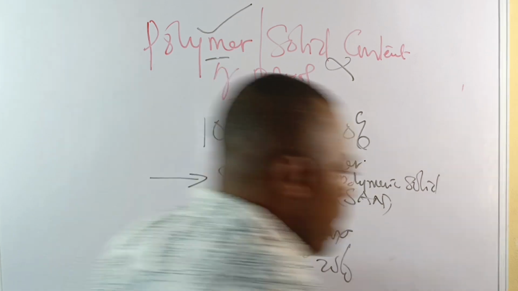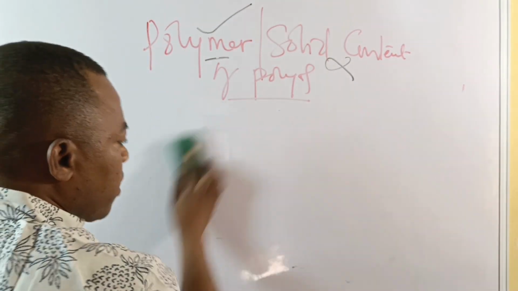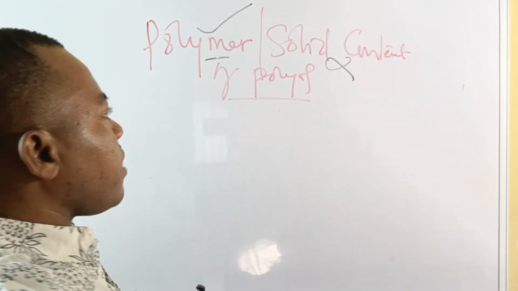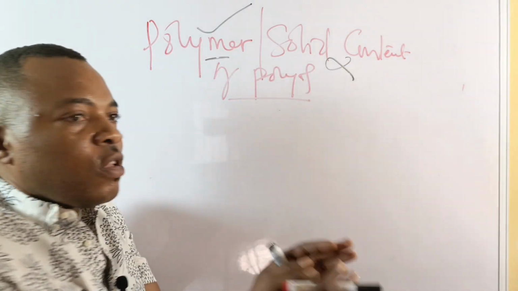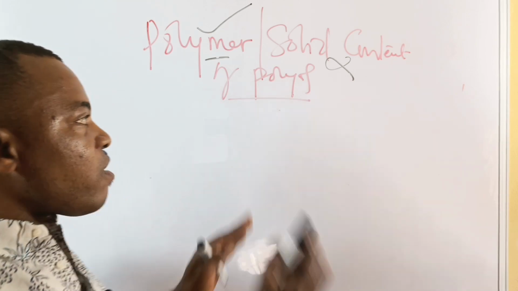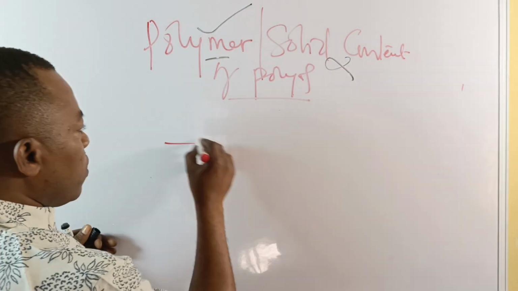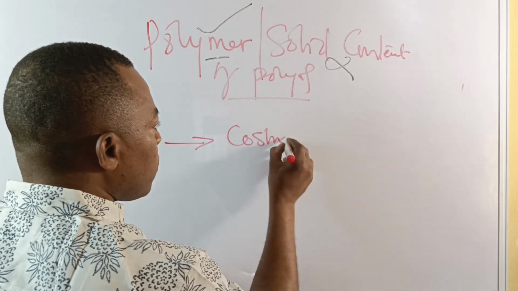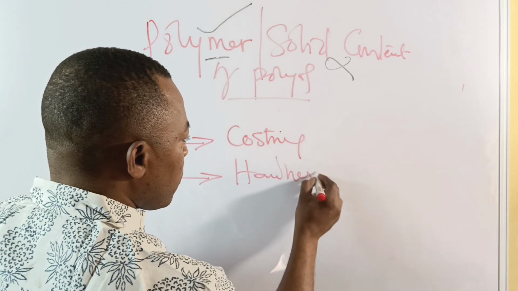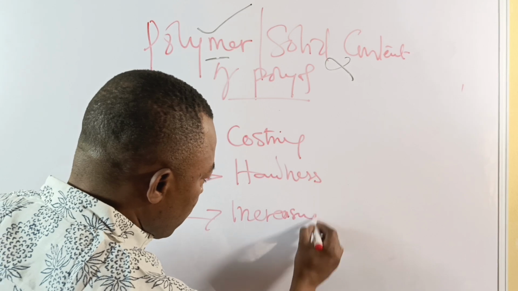But some people do make a mistake. Look at the common mistake by the people. The fact that you are adding solid content into polyol, you are not just adding it. There is something you want to achieve. The principle of bringing in this solid content was to reduce the cost of production, and hardness, then increasing the density.